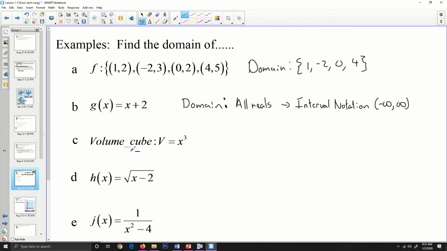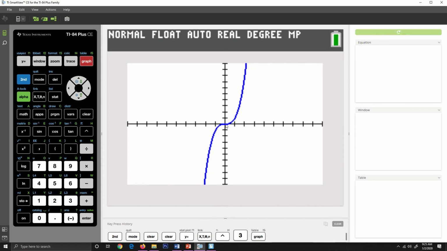But because this is the volume of a cube, and you cannot have a negative volume, I want to look at this graph here. This is the length of the cube along the x-axis, and along the y-axis we have the volume of the cube. Because we're talking about volume, we can't have negative volume. So our domain starts where it begins to have positive or 0 volume.